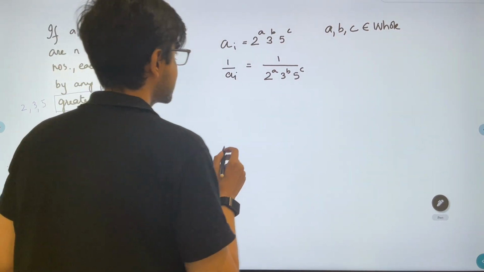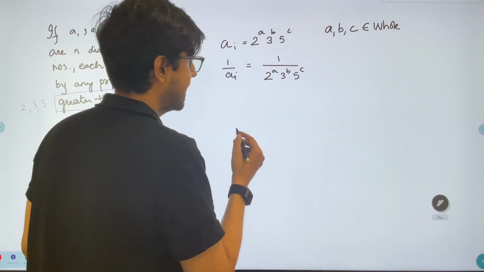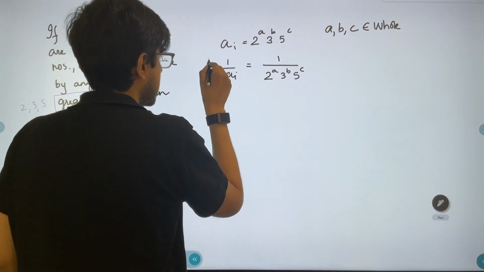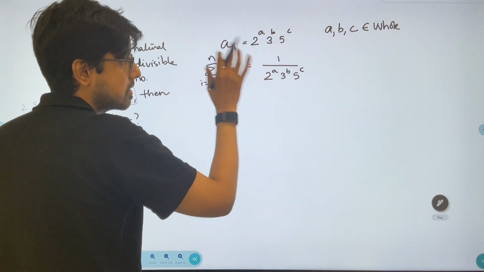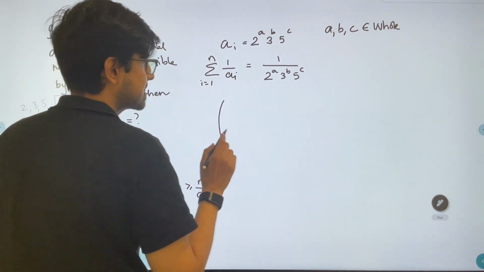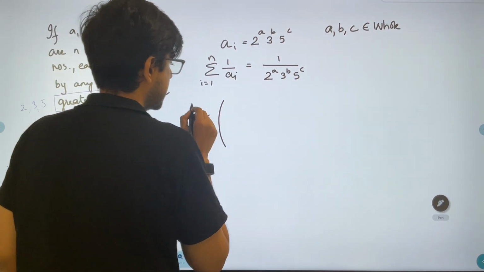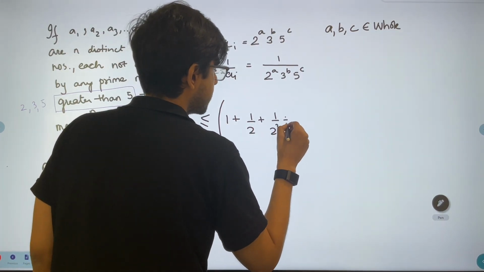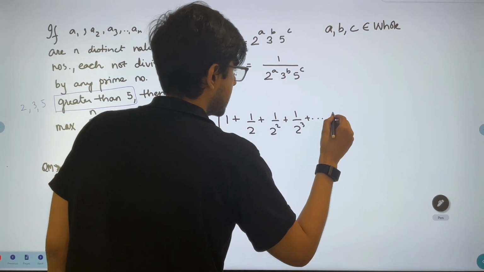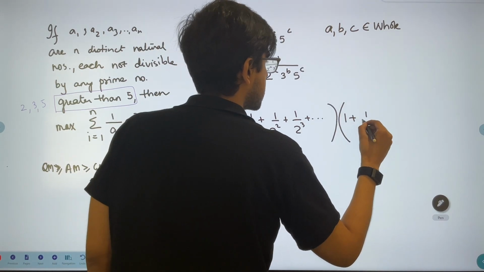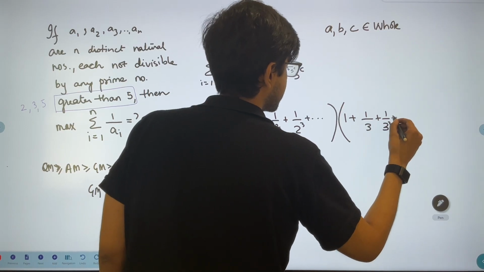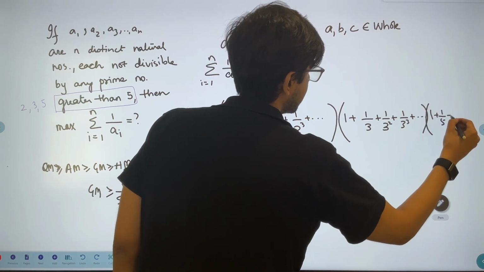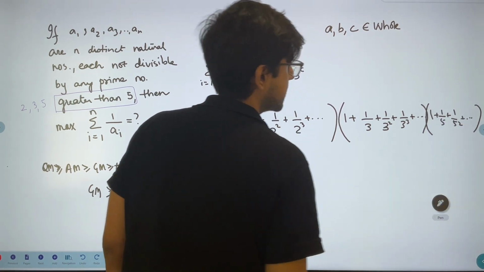The trick here is, what we are trying to say is that the summation of this, where this condition and criteria is satisfied, is less than or equal to 1 plus 1 by 2 plus 1 by 2 square plus 1 by 2 cube plus so on up to infinity, times 1 plus 1 by 3 plus 1 by 3 square plus 1 by 3 cube plus so on up to infinity, times 1 plus 1 by 5 plus 1 by 5 square plus so on up to infinity.